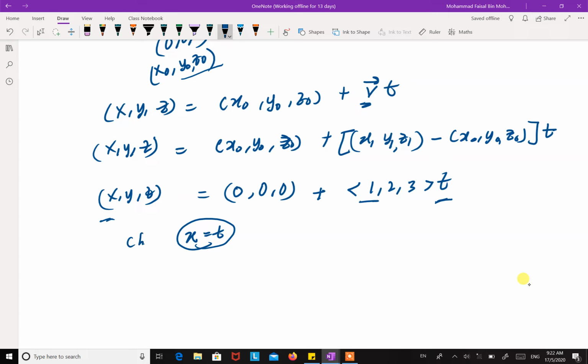We choose x equals to t, so your x naught will be t naught, and your x1 will be t1. t naught will be 0, t1 equals to 1. x naught will be 0, x1 will be 1.